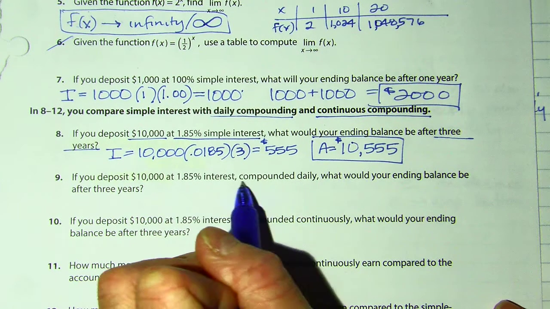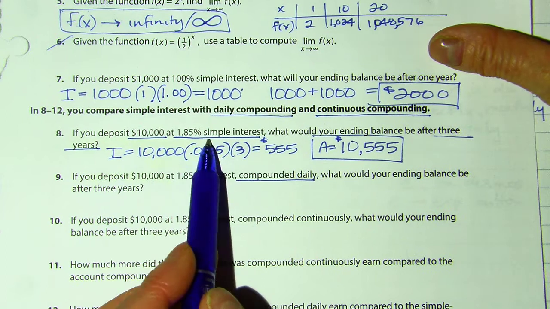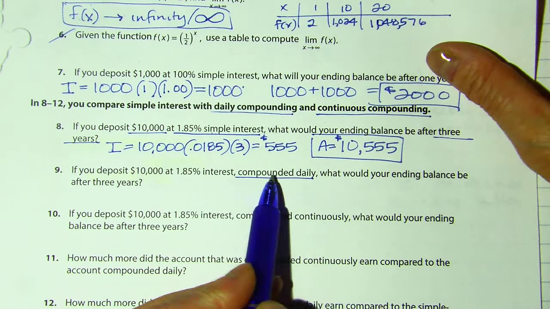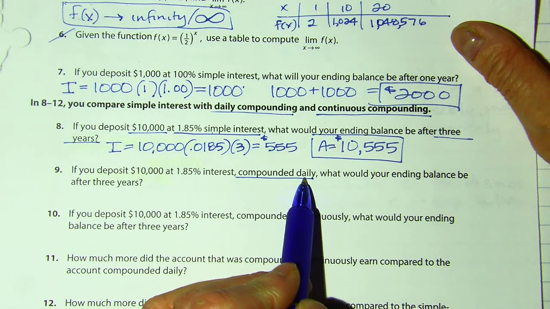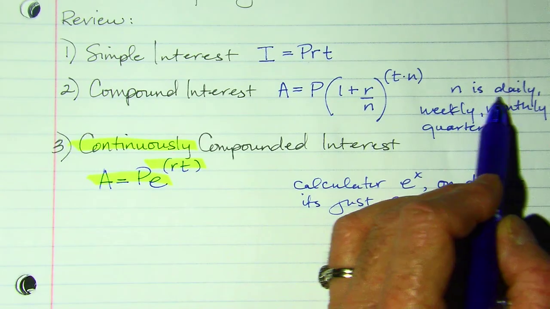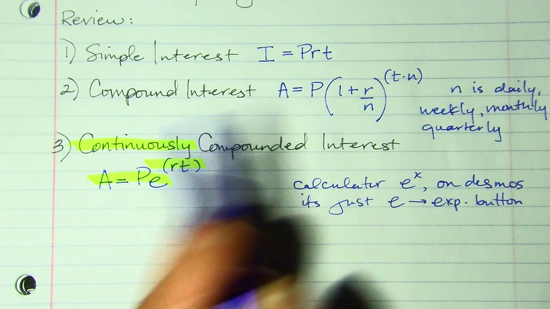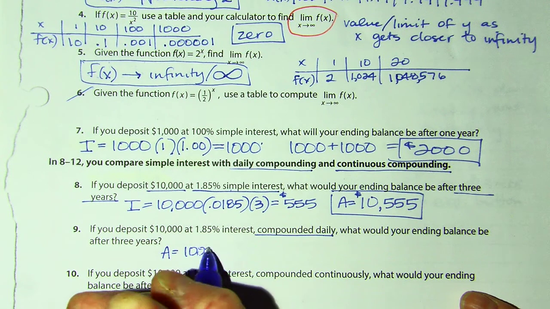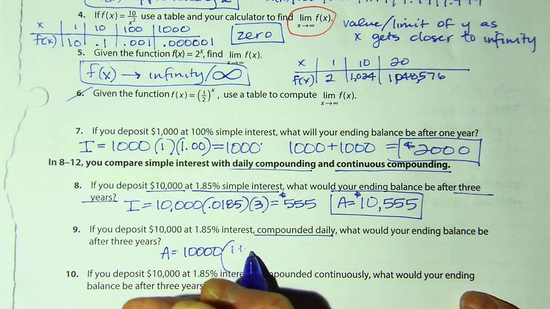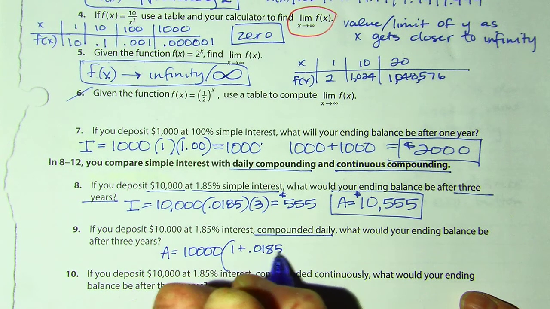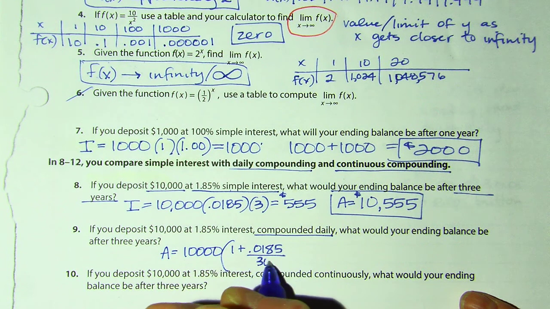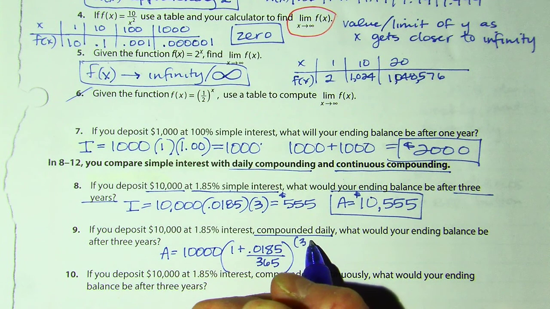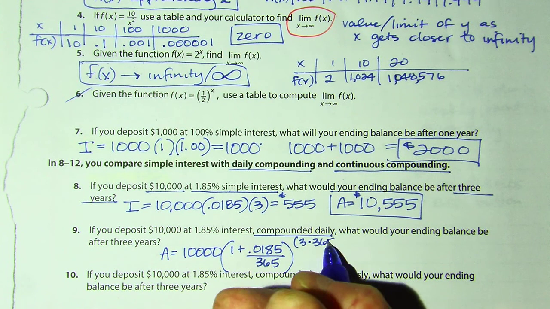This next one says compounded daily. So notice for the first one it said simple interest. So I used my simple interest formula. This next one, compounded daily, I'm using the formula that involves daily. So A equals 10,000, parentheses, 1 plus my rate, divided by daily is 365, to the 3 years times 365.